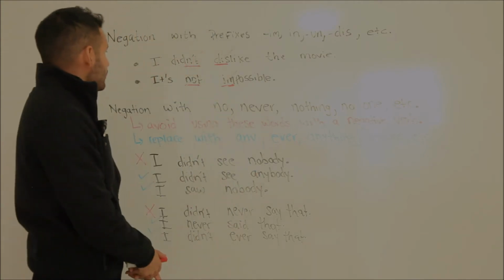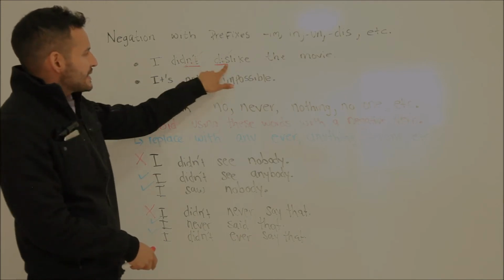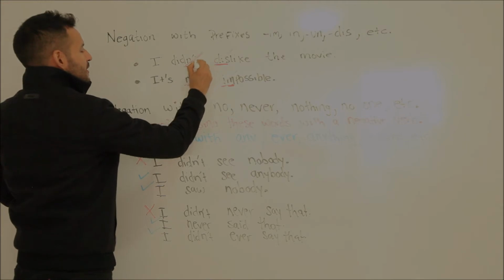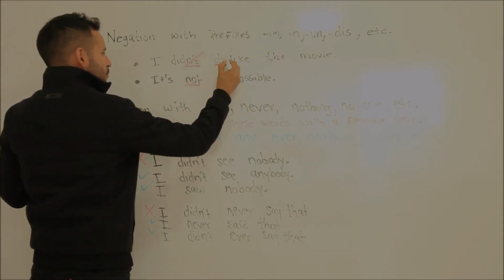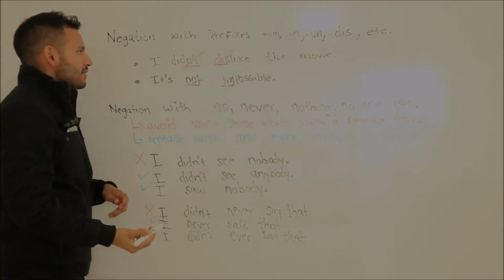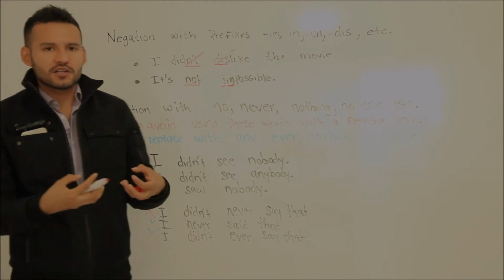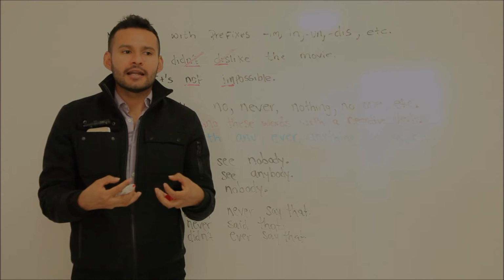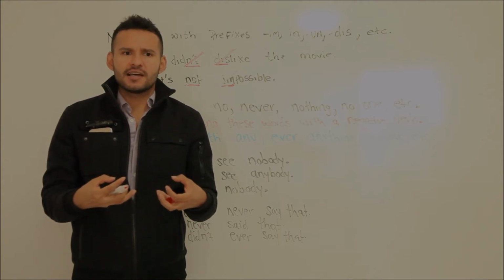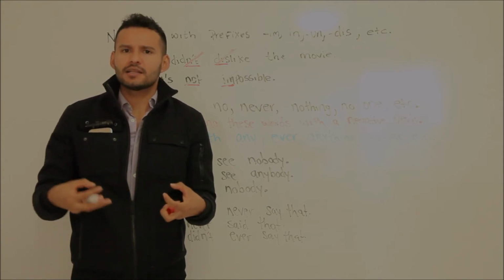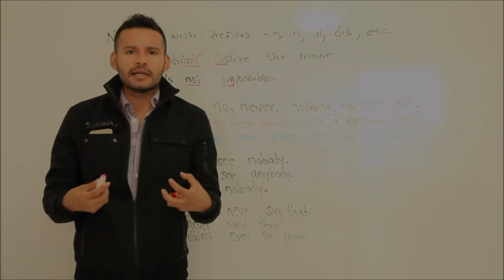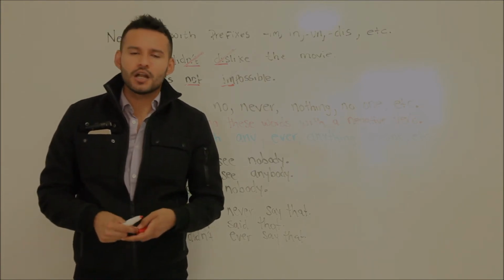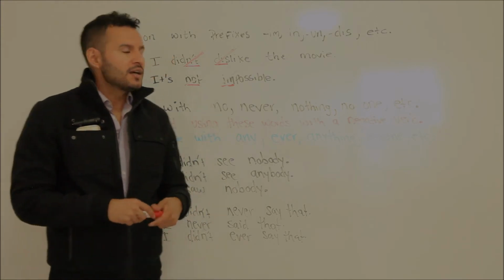So for example, if I say, I didn't dislike the movie, didn't is negative, and the prefix dis is also negative, so they cancel each other out, and basically you are left with an affirmative sentence. I either liked the movie a little bit, or at the very least, I have a neutral opinion of the movie, but not a negative one.